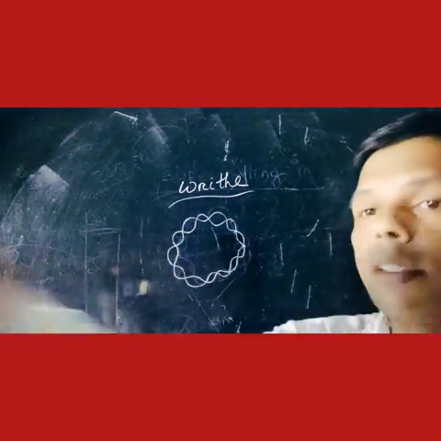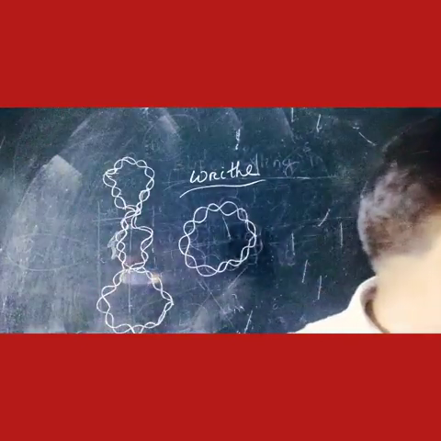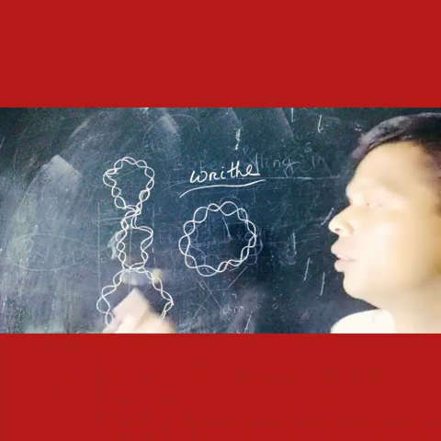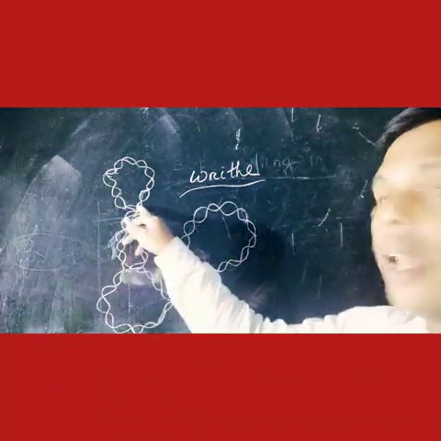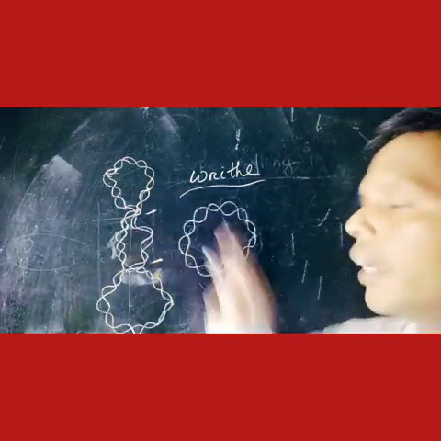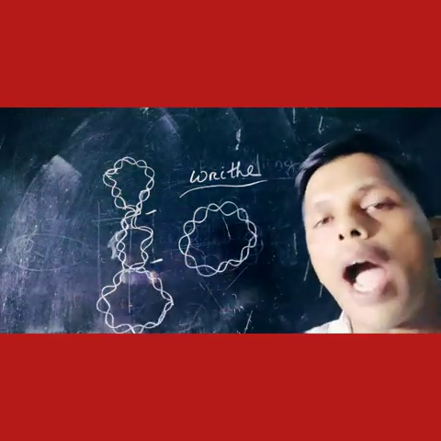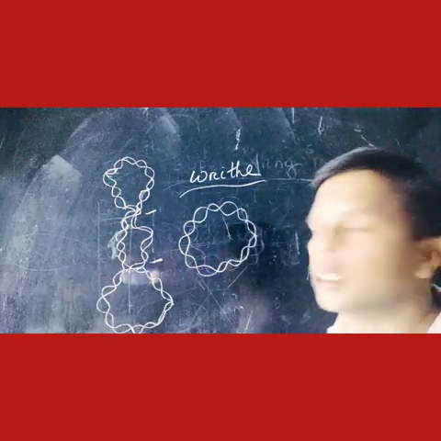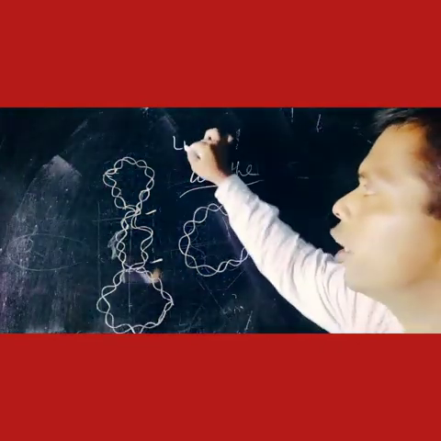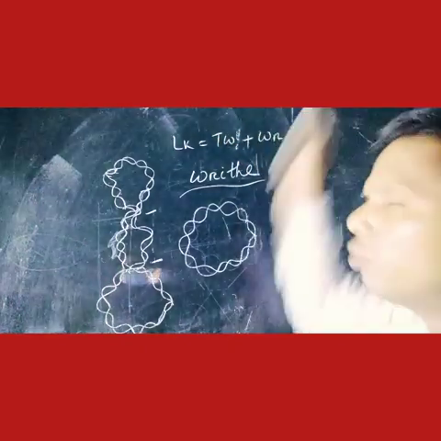See here, in the supercoiling format, the two strands of DNA cross at one place and another place. Then how many writhes are there? This is one, this is the second writhe, so two writhes are there. The writhe is equal to how many times the two strands cross over another two strands. Then the linking number is equal to the twisting number plus the number of writhes.